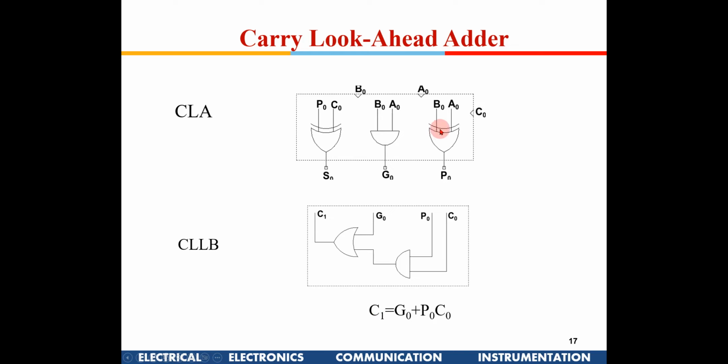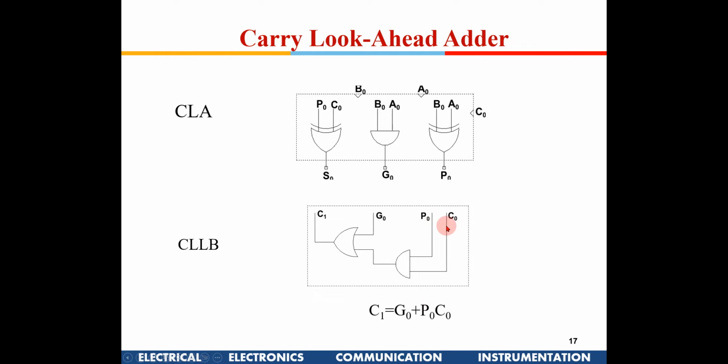Now if I try to do how that carry 1 is generated, so this is generate, okay. So that means if both are 1, then this generate will be high and carry will be generated. Now if only one of them is high, then the propagate will be high, right? And now if you see, you do an AND operation with C0, so P0 C0.